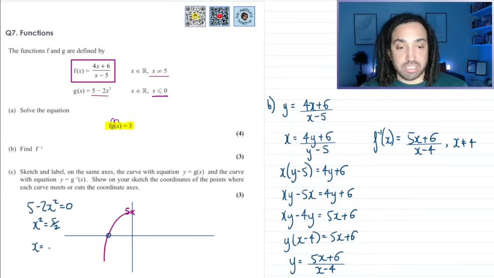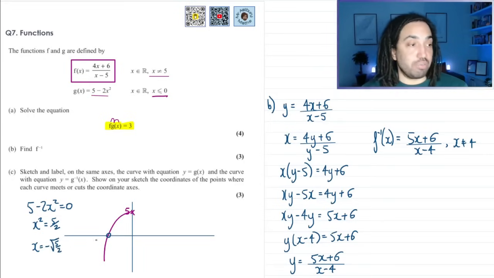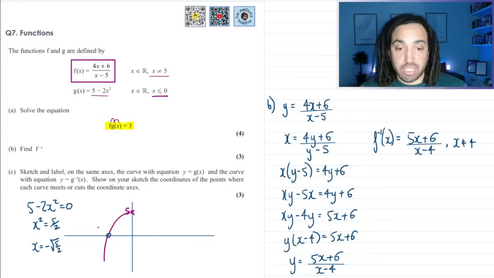So here x is equal to just negative root 5 over 2. Because again, we're taking the negative part because it's on this side. It does say on your sketch, show the coordinates. Yeah, so I'll just put here minus root 5 over 2.